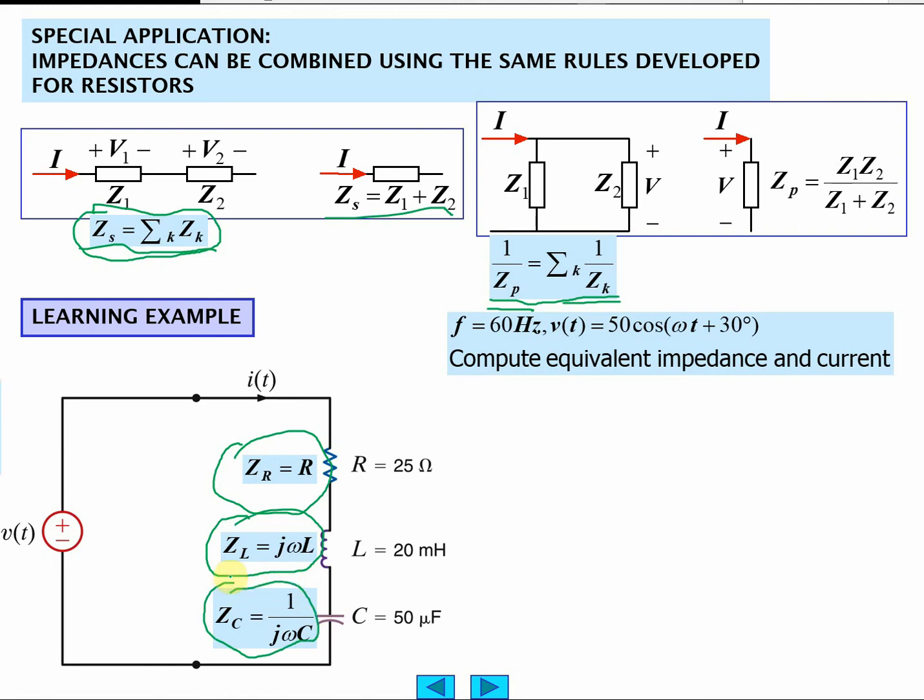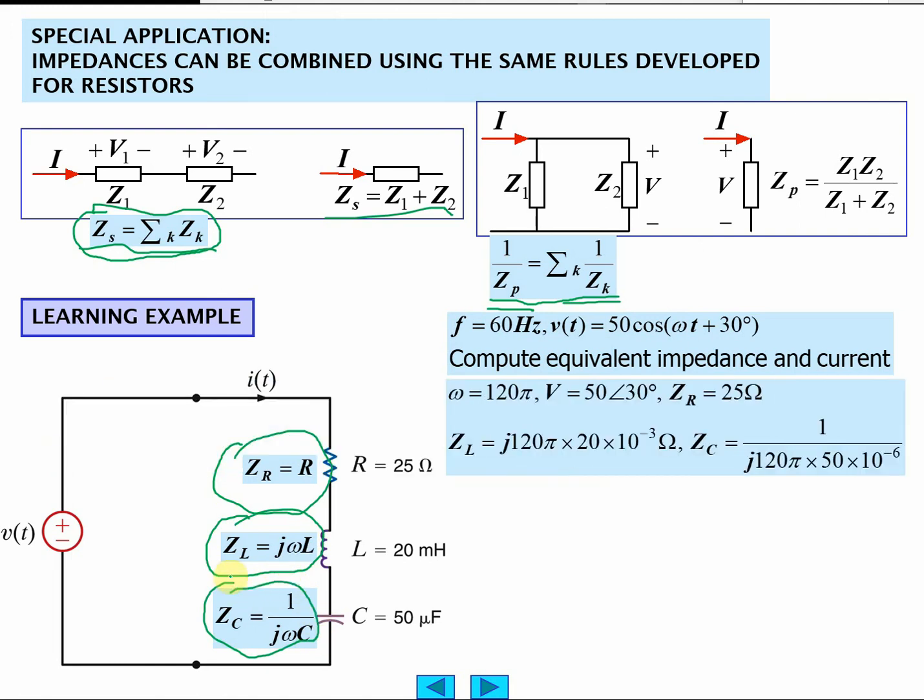And they just sum. So here we're substituting for the omega, 60 hertz, 60 times 2 pi, or 120 pi. The impedance of the inductor, the impedance of the capacitor, the impedance of the resistor is just the resistance of the resistor.